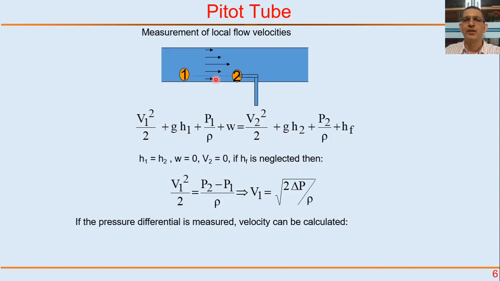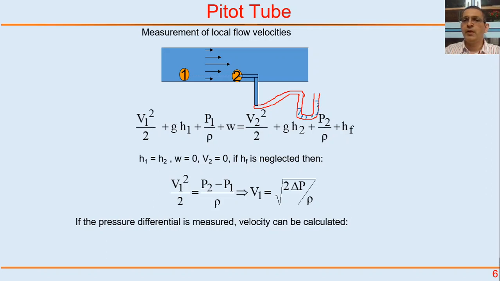If I put a tube like this and connect it to a manometer, let's say this side is open to atmosphere, and we take some manometric fluid. This is a manometric fluid.